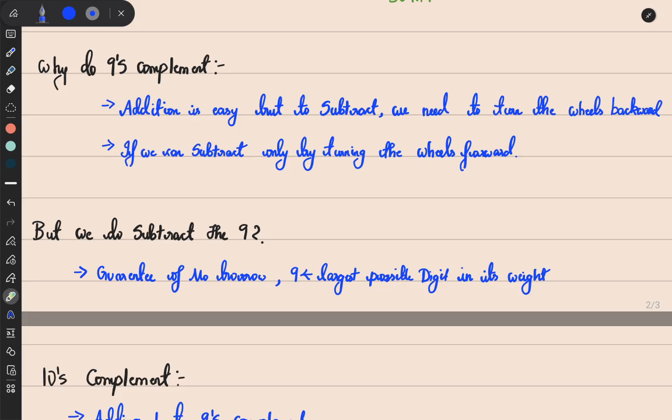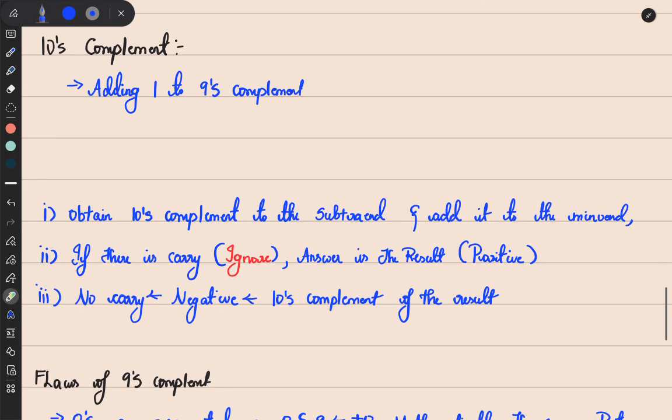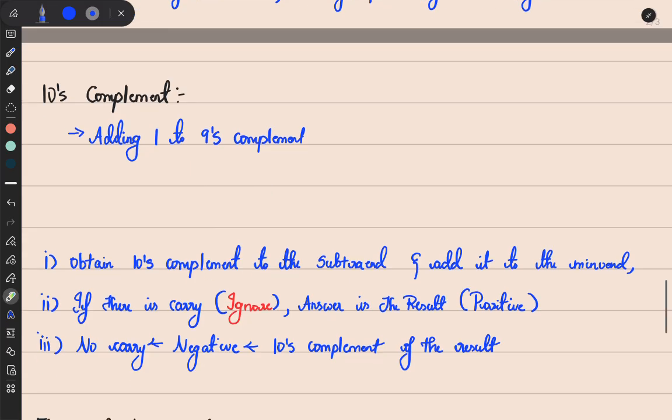Next, we go to the tens complement. In tens complement, we basically add 1 to the 9's complement. This is nothing but we do the 9's complement and then we add plus 1 to the least significant digit, LSD, of the 9's complement. We can also do the subtraction operation using the tens complement.